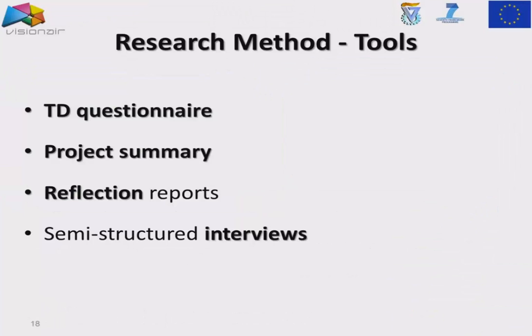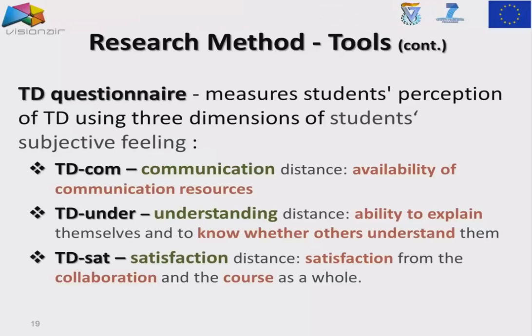So we have the transactional distance questionnaire, which we developed as part of this study. We asked the students to write a project summary and a reflection report, and we held semi-structured interviews with those students. The transactional distance questionnaire was constructed of 3 factors which reflected the transactional distance definition: the communication factor, the understanding factor, and the satisfaction factor.